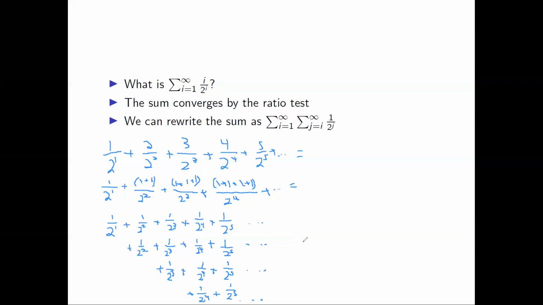This is the same as the sum from j equals 2 to infinity of 1 over 2 to the j. The third line is 1 over 2 cubed plus 1 over 2 to the fourth plus 1 over 2 to the fifth plus 1 over 2 to the sixth, and so on, going forever. That's the same as the sum from j equals 3 to infinity of 1 over 2 to the j.